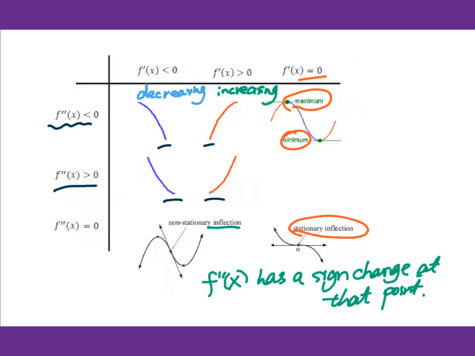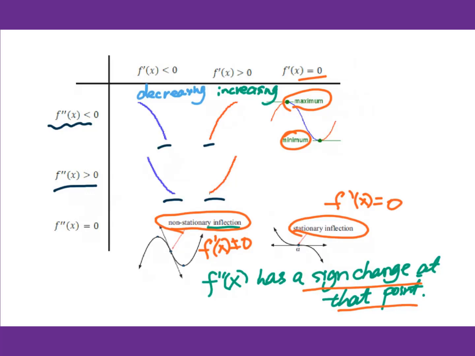If the second derivative has a sign change at that point, then it's a non-stationary inflection if the first derivative is not equal to 0. It's a stationary inflection when the first derivative equal to 0.